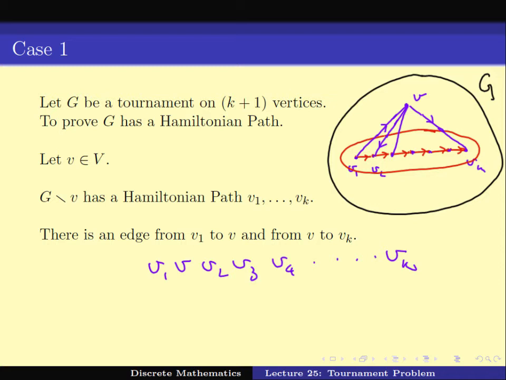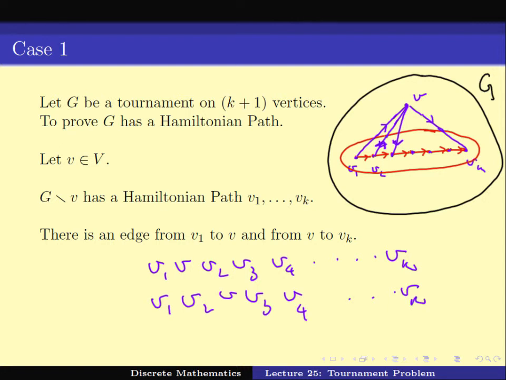What is the guarantee that the edge between V and V2 goes in this downward direction? It might be that the edge is actually going upward. In that case, what happens if I have an edge going from V to V3? I would again get a path, which is V1, V2, then V, then V3, then V4 till Vk.